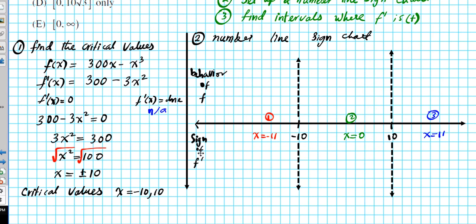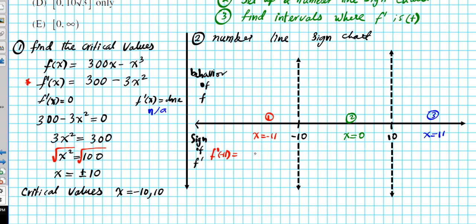Alright, let's start with the first interval. We are going to look for the sign of f prime. What we're looking for is f prime of negative 11. So we will simply plug in negative 11 into the derivative function right here.